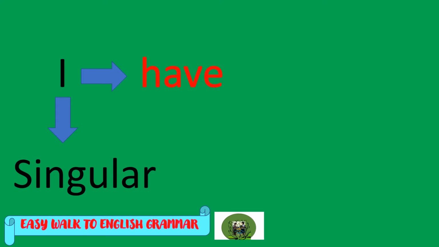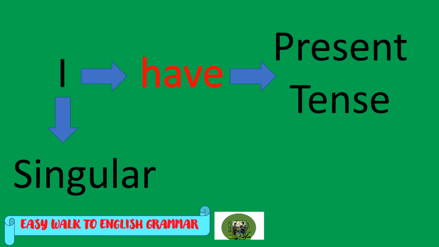We have learned a little before that have comes only with plural subjects. Then what's the reason why we used have here with I even though I is singular? Because I is an exceptional case in present tense.